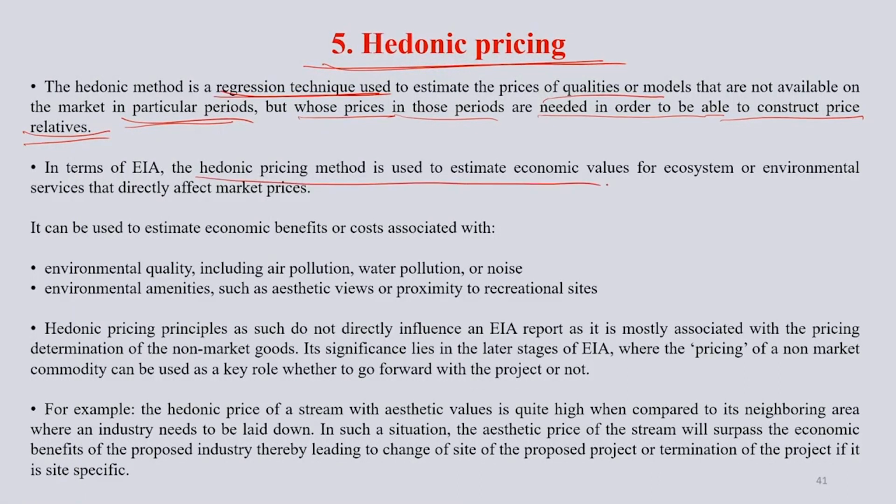If you look at it in terms of environmental impact assessment, the hedonic prices method is actually used to estimate the economic values of an ecosystem or environmental services that directly affect market prices. Say, for example, rice requires a huge amount of water, that means good rainfall.